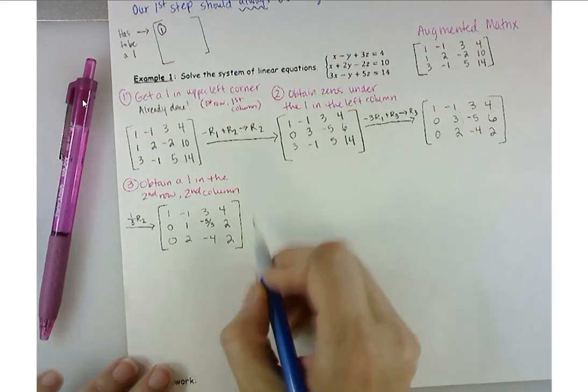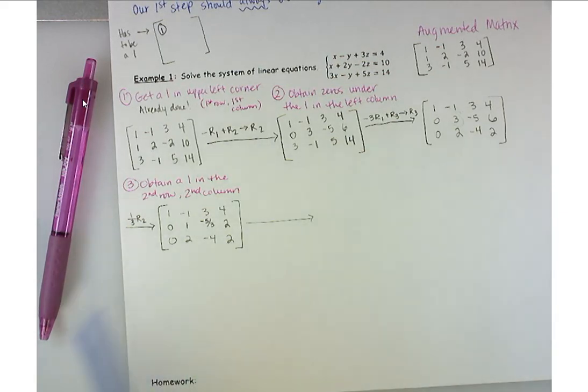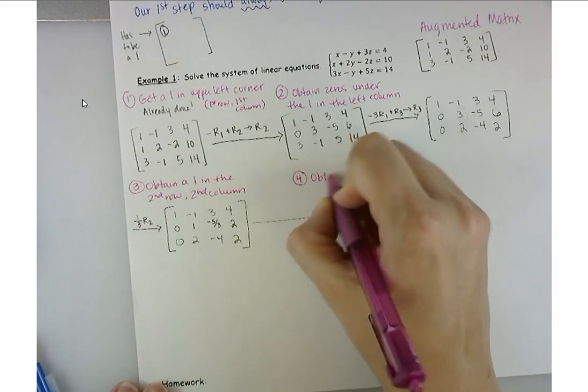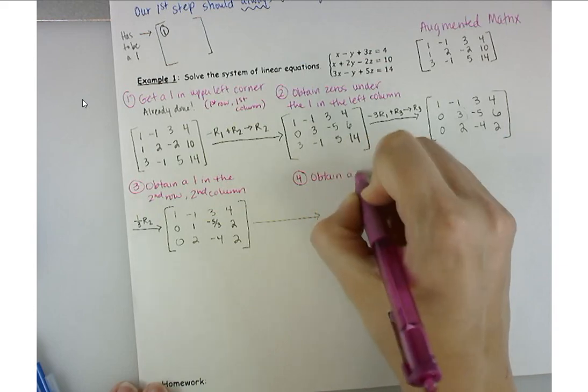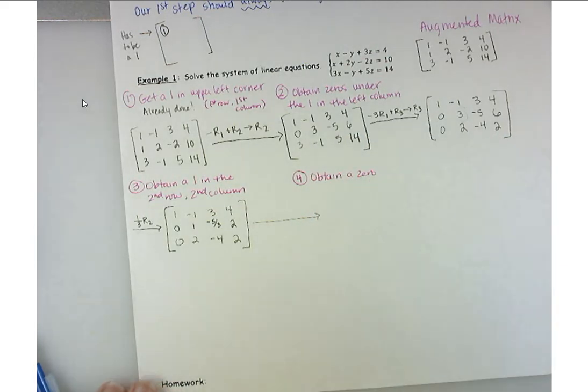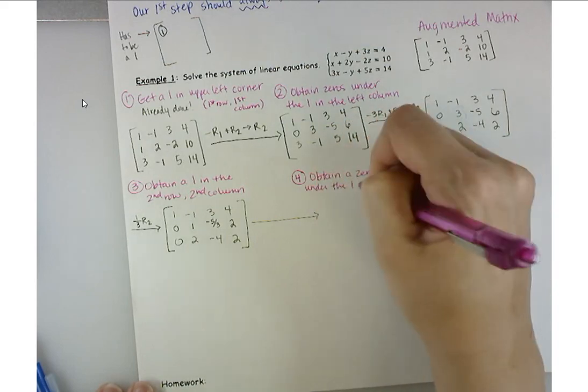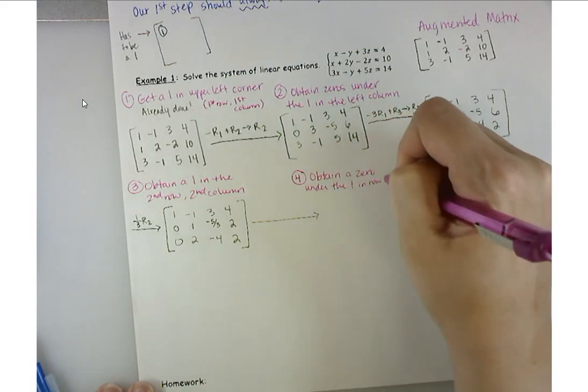Okay, now once you do that, your next step, and you guys probably already know this, is you have to obtain a 0 under the 1 in row 2, column 2.